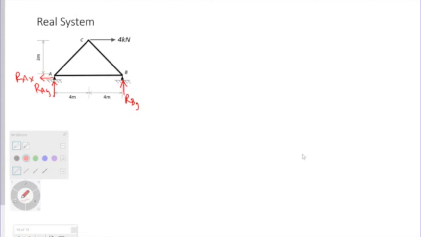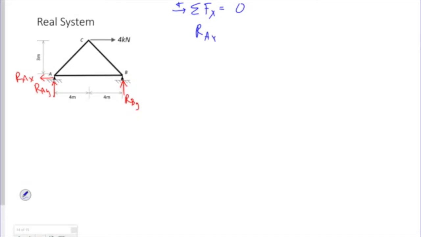So the sum of the forces in the x direction is 0, right? RAX is equal to 4 kilonewtons going to the right.